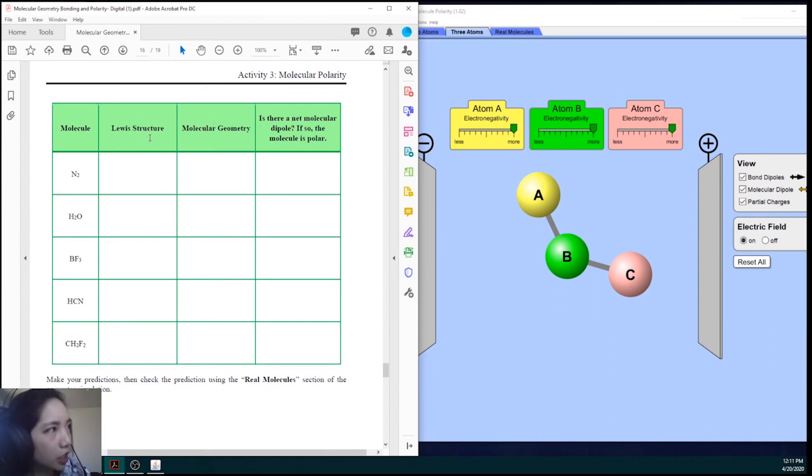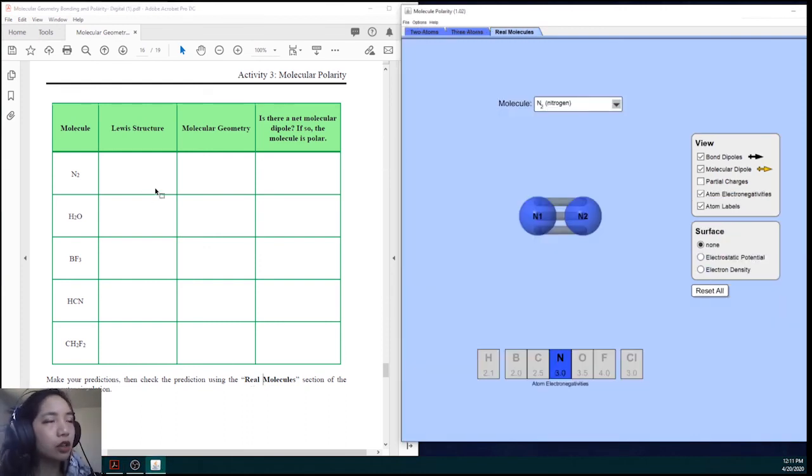So just pause the video, fill out your Lewis structure and your predicted molecular geometries, and then predict whether it'll be a polar molecule or nonpolar. So after you do that, I will show you the real molecule models and show you whether there is a molecular dipole or not with this real molecules tab. All right, so once you've done that, then restart the video and I'll show the answers.